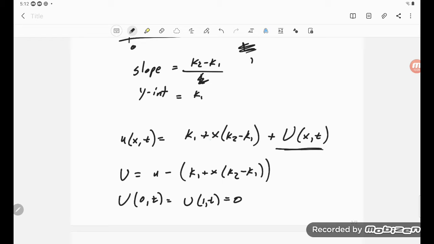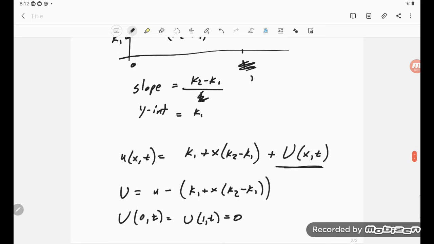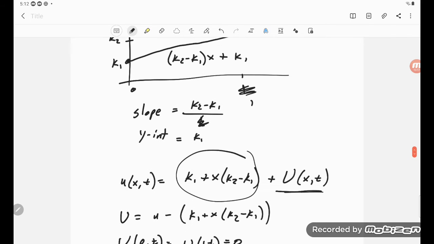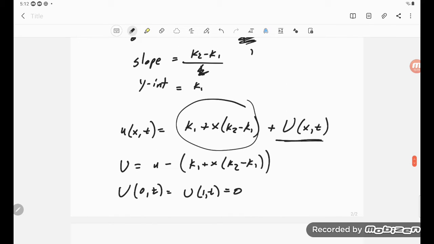Because this was the left and right hand side of u. That was the non-zero part. If we subtract that from u, we get the 0 part. And so this is our transform function. We're looking for this function.